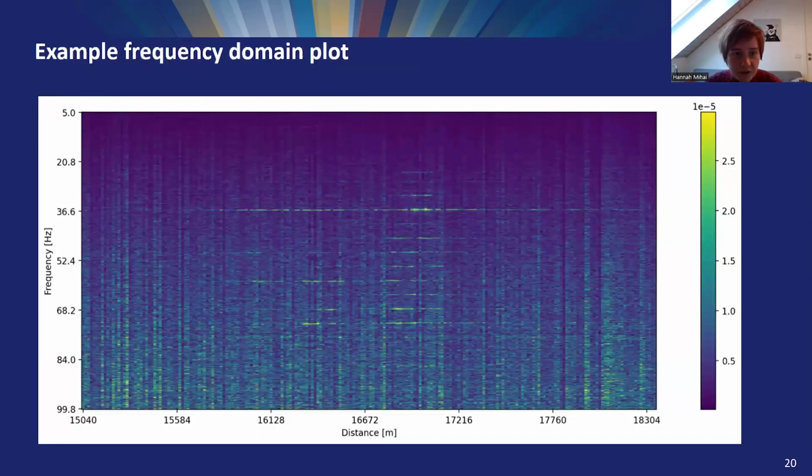We have already looked at this picture in Jan's presentation, which is an example frequency domain plot, where you can see 10 seconds worth of data. This specific file is 420 megabytes big, so just for 10 seconds worth of data. And this specific one has already been through some processing where strain rate has been transferred to a frequency domain.